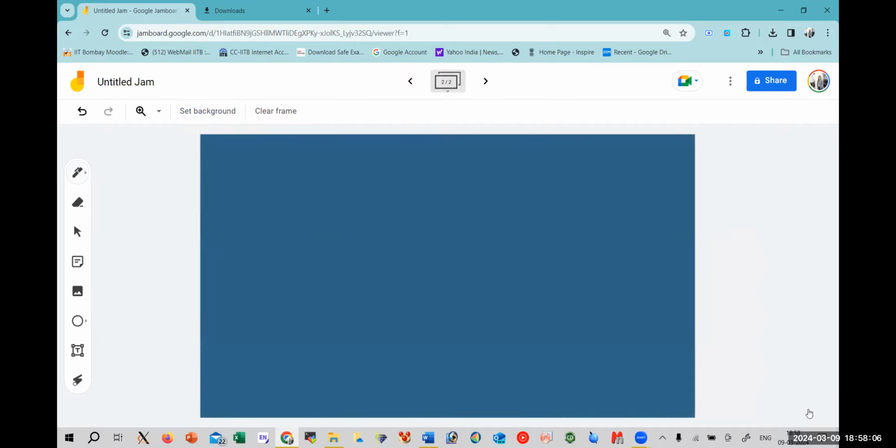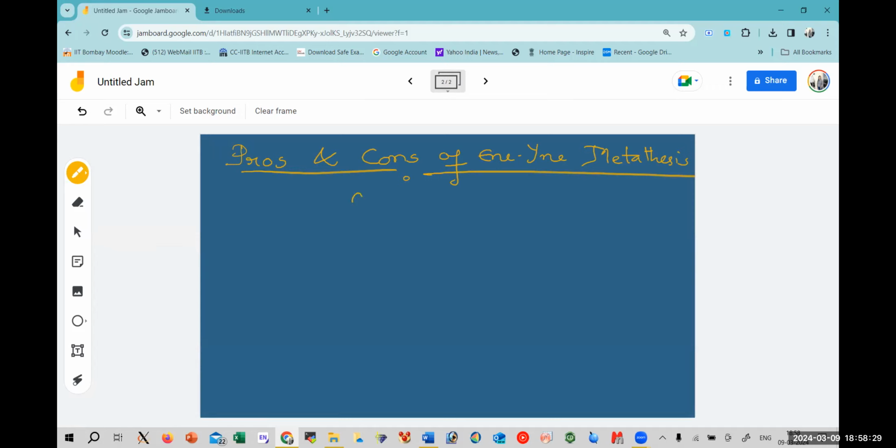So there are certain pros and cons of this enyne metathesis. In enyne metathesis, the limitation is cross metathesis. So generally this is performed under high dilution to avoid any intermolecular cross metathesis.